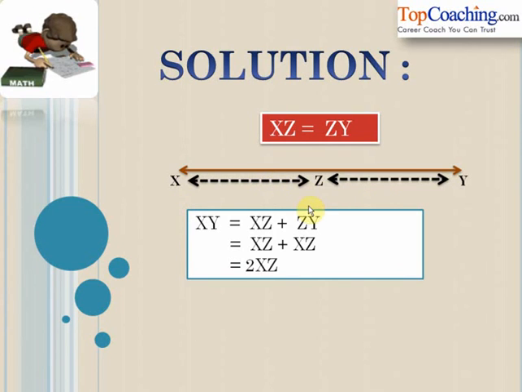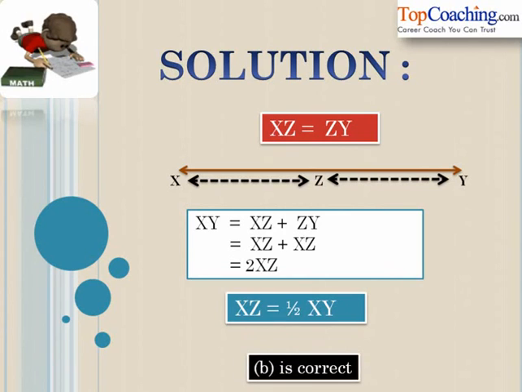Since ZY is equal to XZ, we can replace ZY by XZ, and therefore XY would be equal to XZ plus XZ, which is nothing but 2 times XZ. Thus XY is equal to 2 times XZ, and so we can write XZ equal to 1 by 2 of XY. So the length of XZ is half the length of XY, and this is nothing but option B, and so we can say that option B is correct.